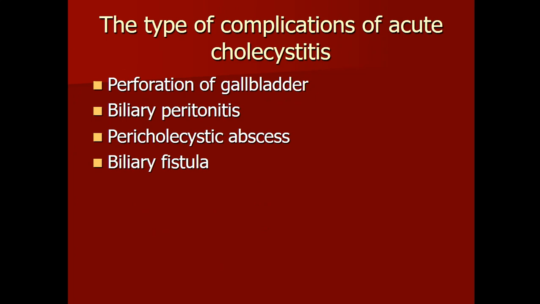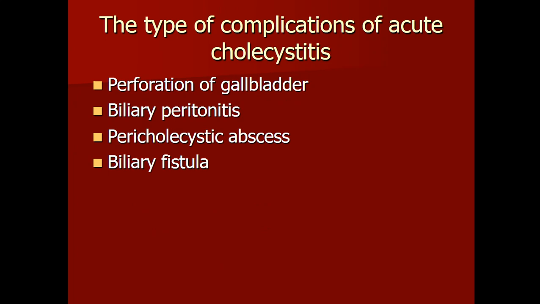As we move on to the types of complications of acute cholecystitis, we're going to talk about perforation of the gallbladder, and it's caused by acute cholecystitis, injury, tumor, and occurs more frequently as a result of ischemia and necrosis of the gallbladder wall.